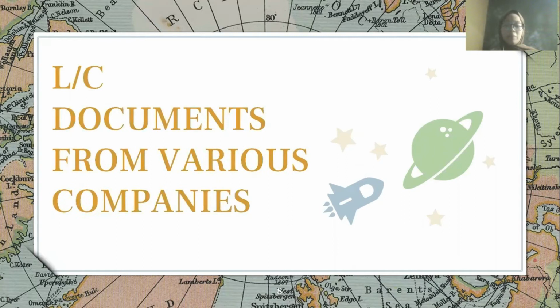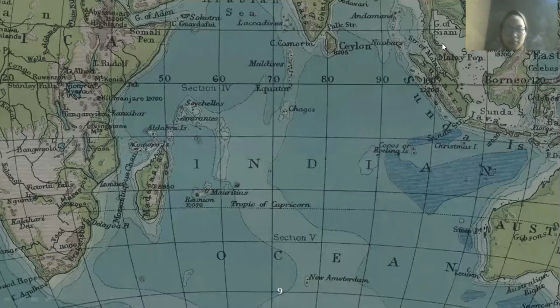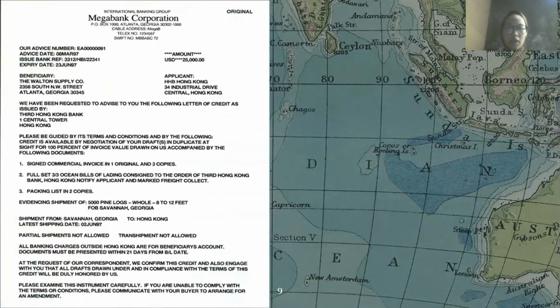Okay, I will compare the contents of documents from 5 different companies. The first document is from Megabank Corporation. It can be seen that in this document there is an LC number in this part, letter of credit date, and the expiration of the letter of credit.